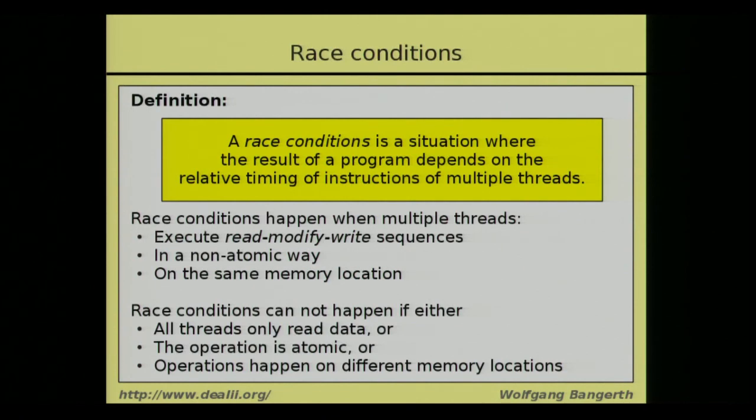But in either case, because it's an atomic operation, there is no potential for processor 1 and 2 reading the old value, at the same time adding something, and then one after the other writing whatever they have added to the old value instead of to the value that the other thread has just written. So if an operation is atomic, a race condition cannot happen. Finally, if of course different threads write into different memory locations, that's not a problem either.